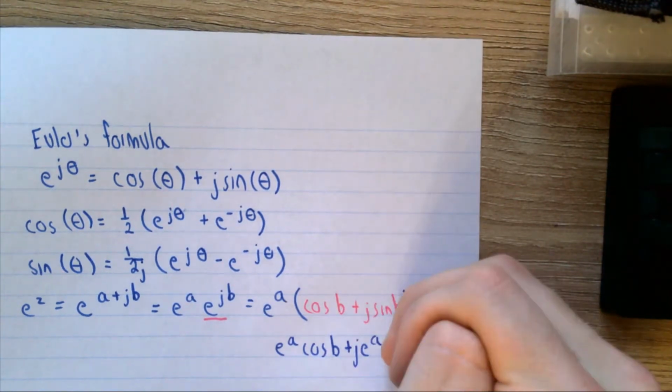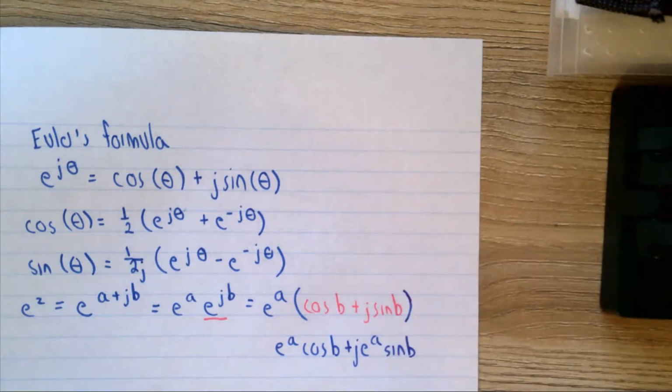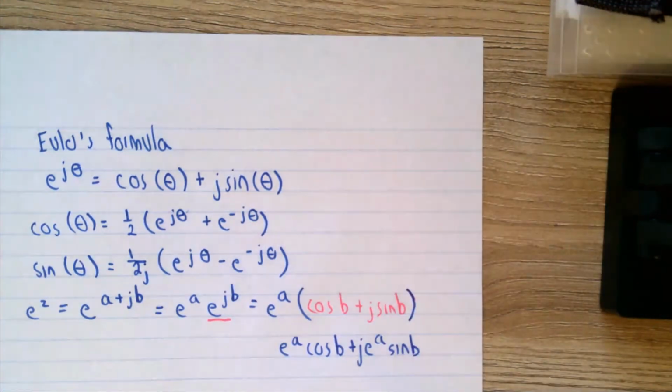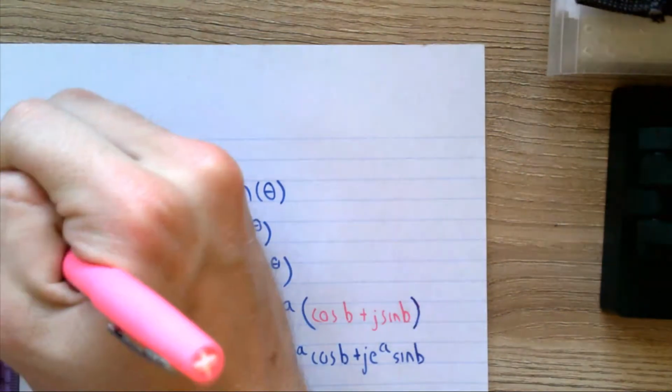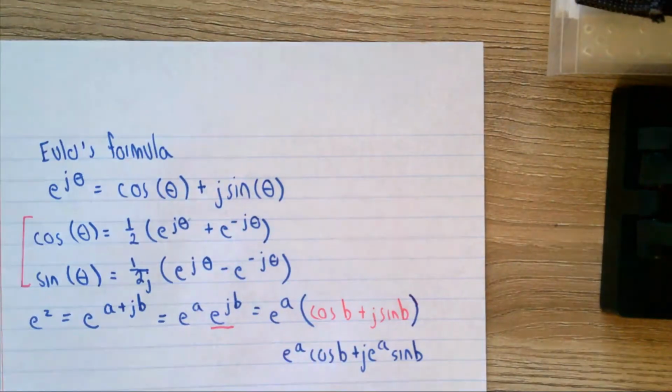And now we've seen how you can write these ones, and in particular, I want to look at these two here, deriving them, because that's an important relation in this class, the cosine and sine terms.